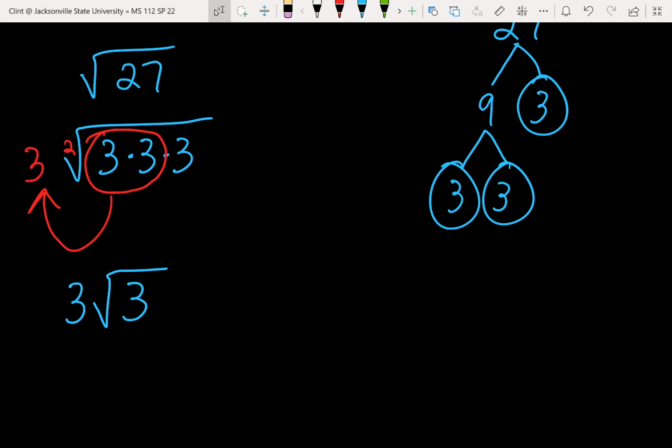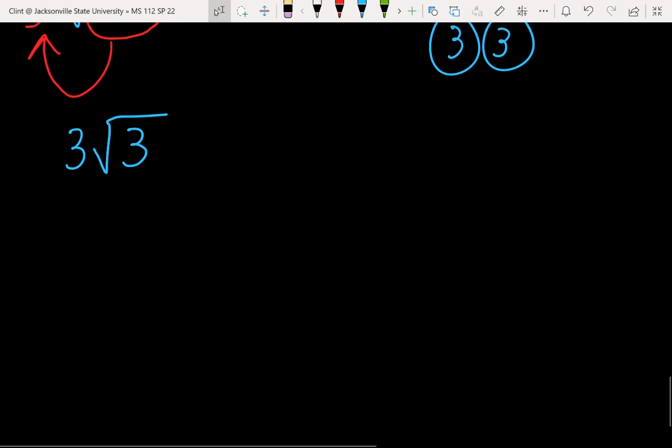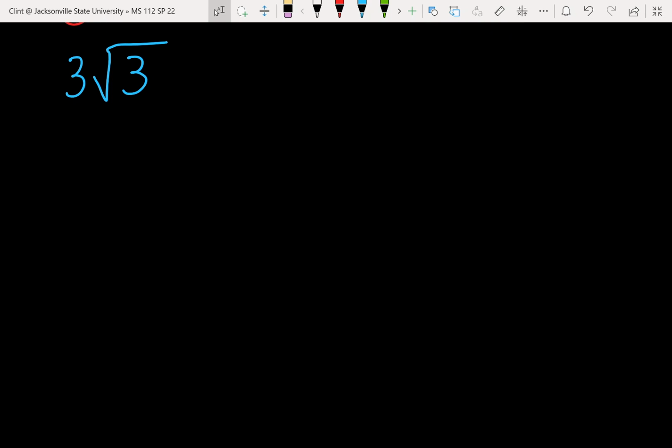That one might actually take a little longer to do it that way if you know your perfect squares pretty well. Right? Because you could just say that was 9 times 3, square root of 9 is 3. And when thinking about it that way is better.